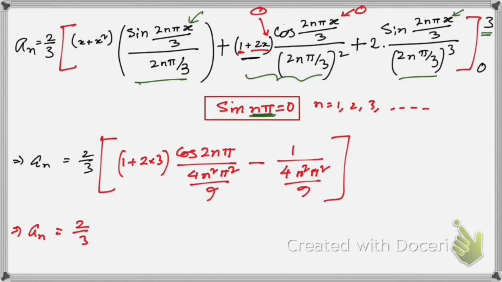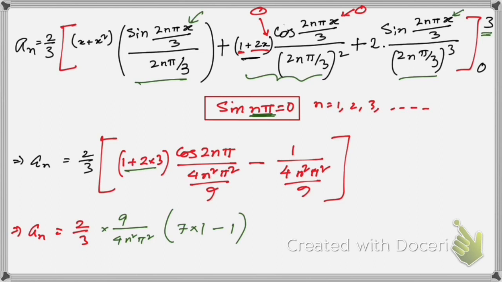You can take this term common, right? And if you do so, then you will get here 9 by 4 n square pi square, and within the bracket you have 1 plus 6, that's going to be 7 into the value of this, which is 1, so 7 into 1 minus 1, that's what we have got.